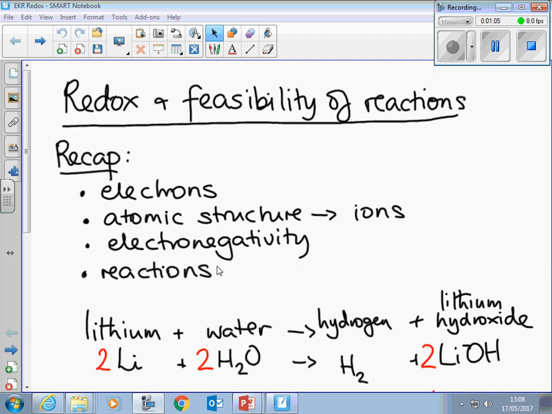And I did a little PowerPoint that I don't think I gave you any information on, because I said it was just a link through to other things we'd be doing, just to show that chemistry is not separate things, but actually they are all interrelated.